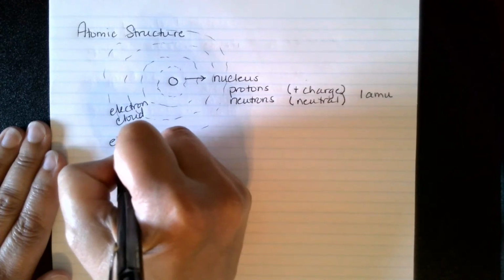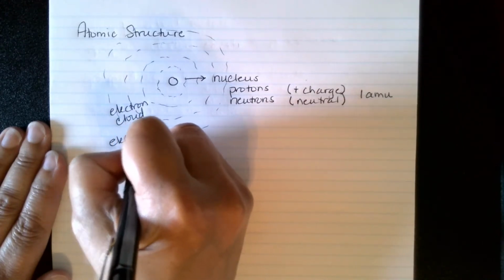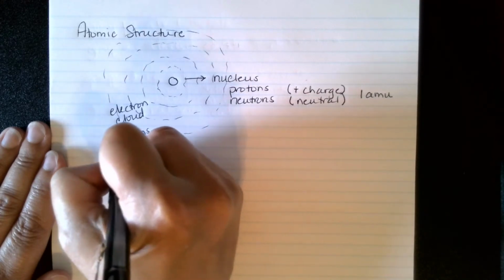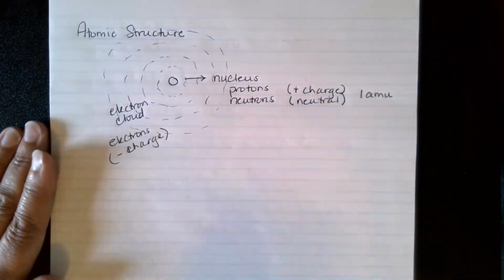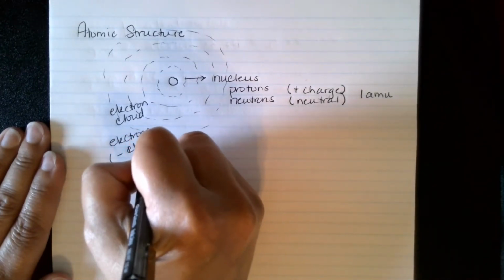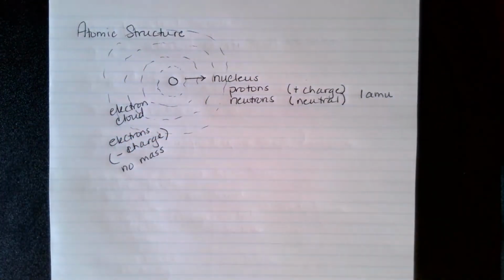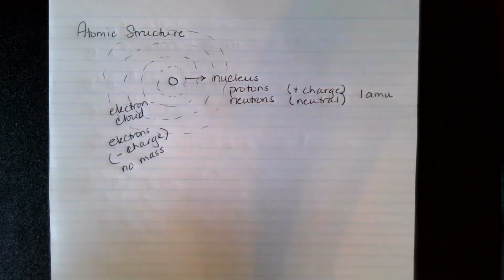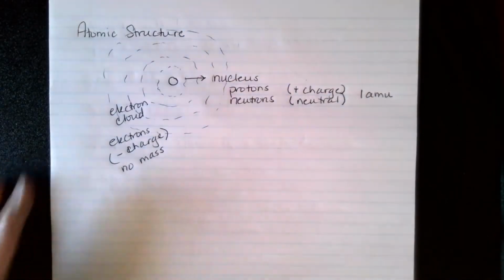The electrons have a negative charge and we say the electrons have no mass. They have a very small mass, but for most of our purposes, if we assume these are 1 AMU, then the electrons have no mass. So it means all of the mass is located in the nucleus.